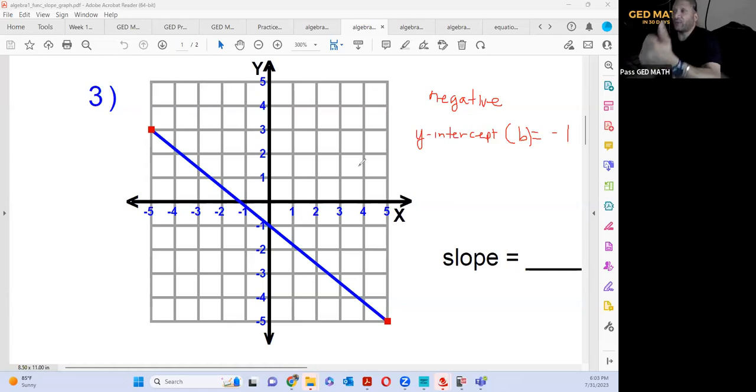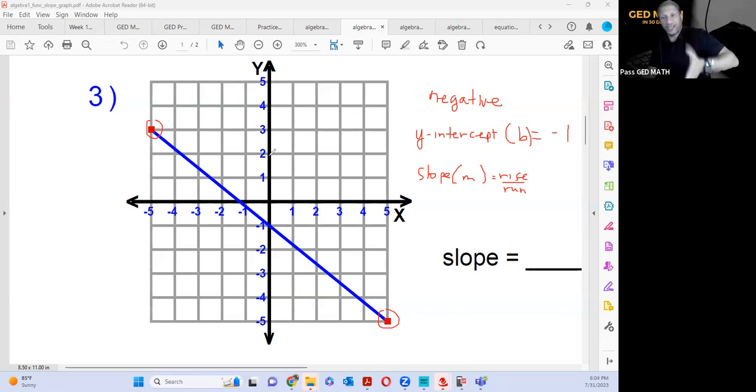So now we want to find the slope. In order to find the slope from a graph, the easiest way to do it is rise over run. You can start from any point. I usually start from the leftmost point. So to get from this point here to this point here, what direction do I have to go?